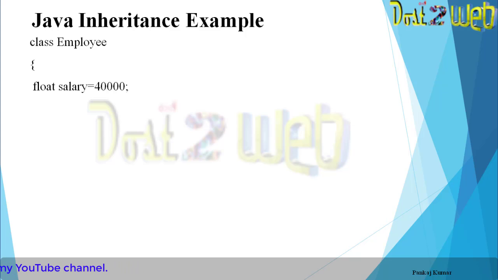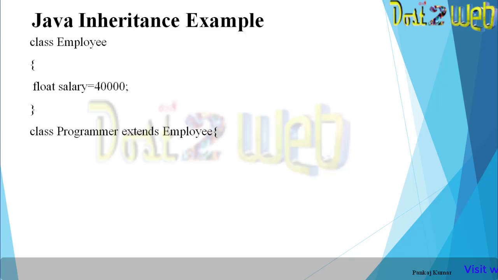So we are declaring the instance variable in the class. We have initialized the salary variable as a float with a value. This class work is finished. That's all I want. I don't want any other feature to be added here.